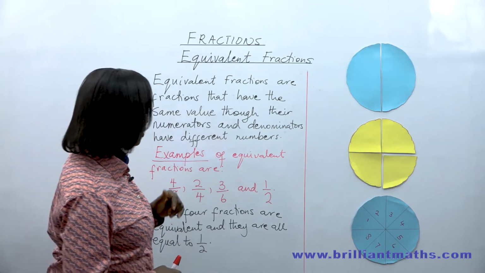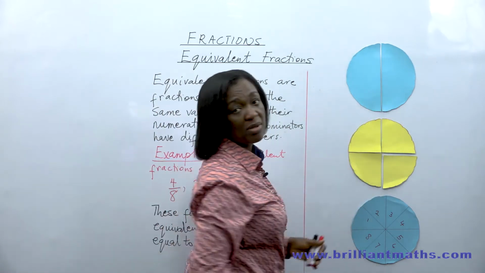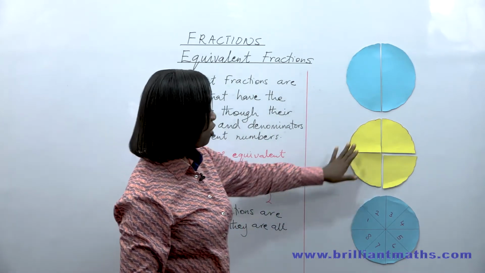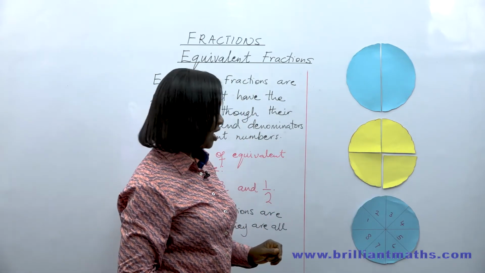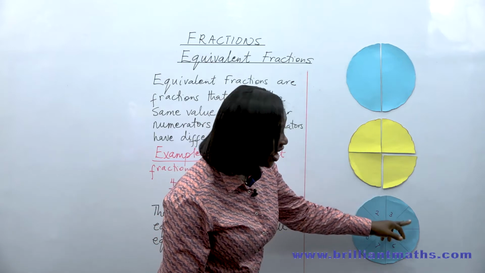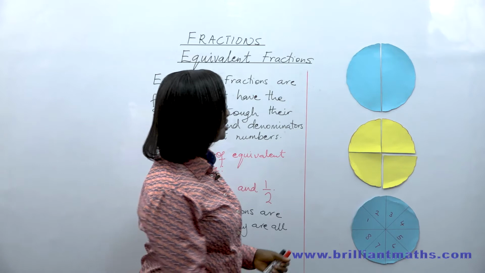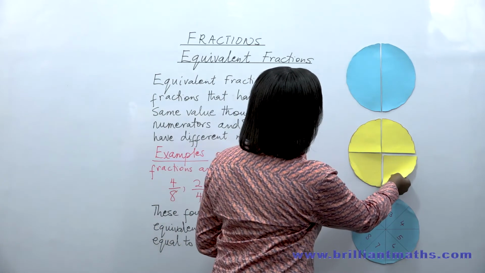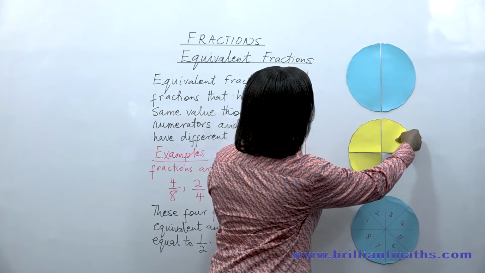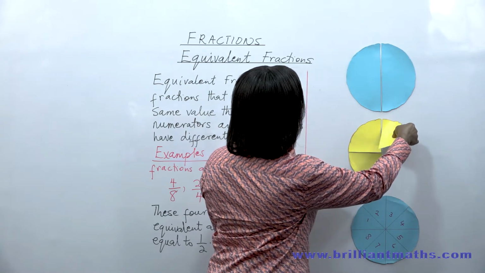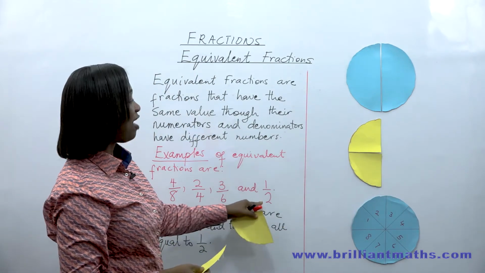Let's see that. We have a half, 2 halves make a whole, 1, 2, 3, 4, 4/4 make a whole, and 8/8 make a whole. So we want to show that 2/4 is equal to a half.